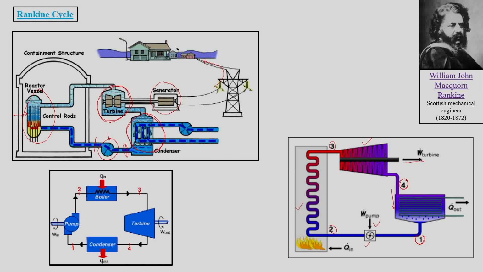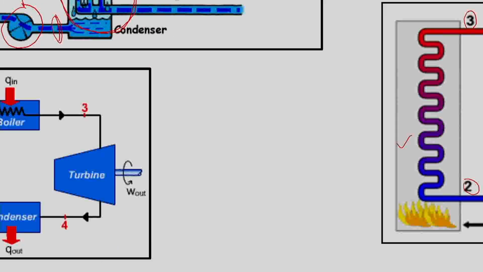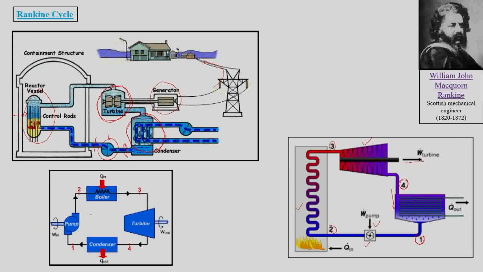Then there is one more type of schematic which is generally drawn for the Rankine cycle, where we can see 1 to 2 is a pump, 2 to 3 is a boiler, 3 to 4 is a turbine, and 4 to 1 is again the condenser. So, in all, the Rankine cycle has 4 processes.